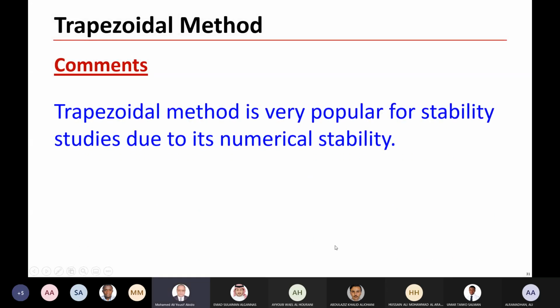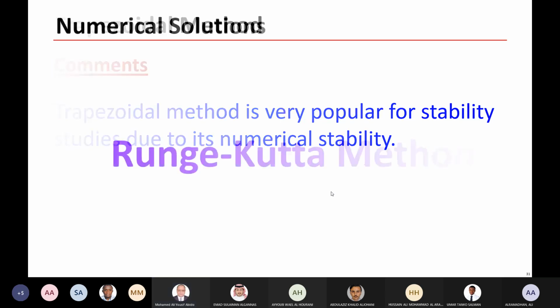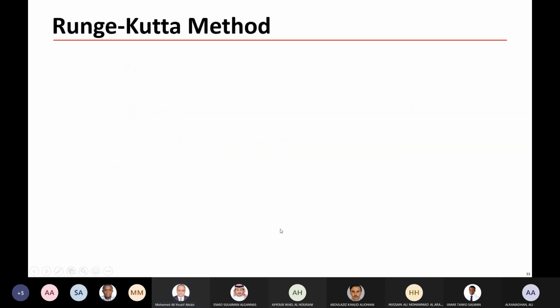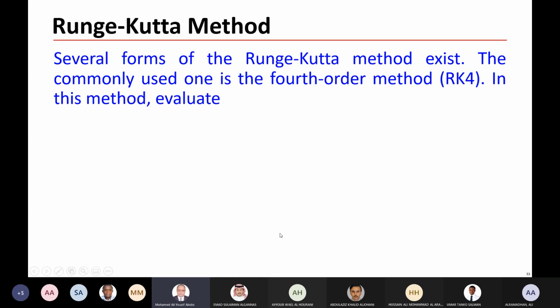This is an easy method and very popular for stability studies due to its numerical stability. The Runge-Kutta method, modified Euler method, is called the second order Runge-Kutta method.